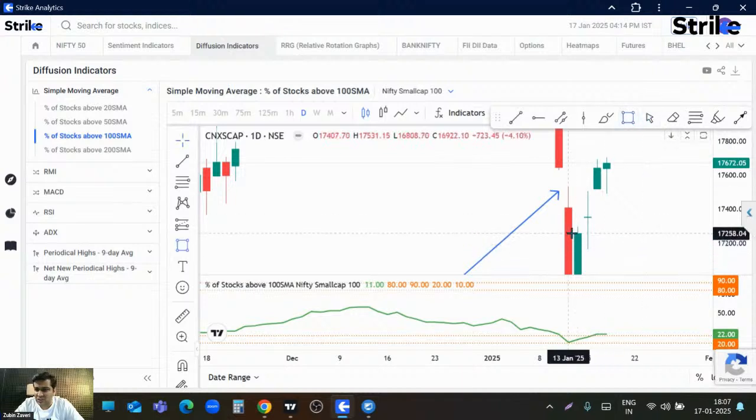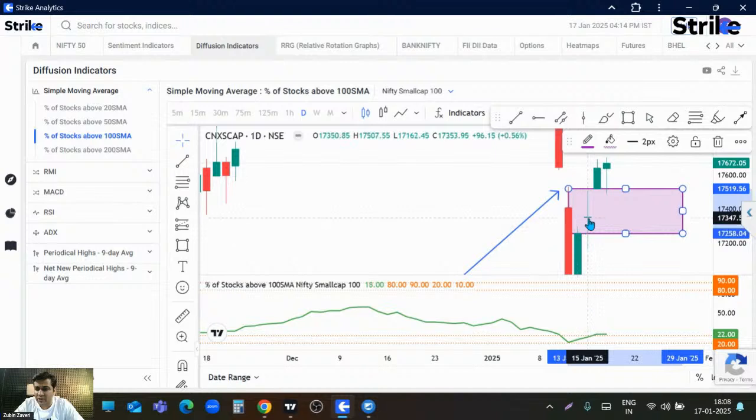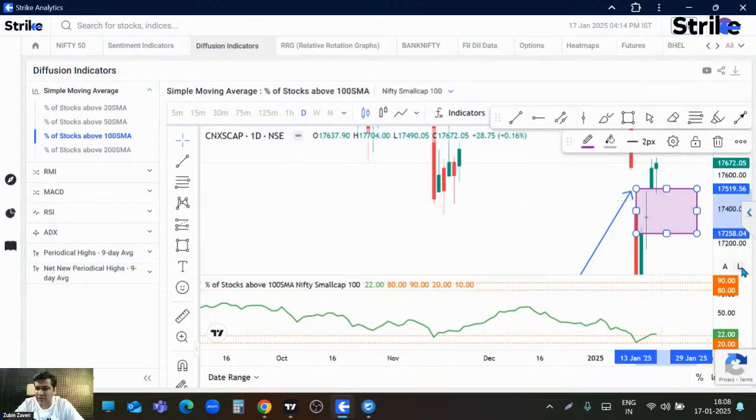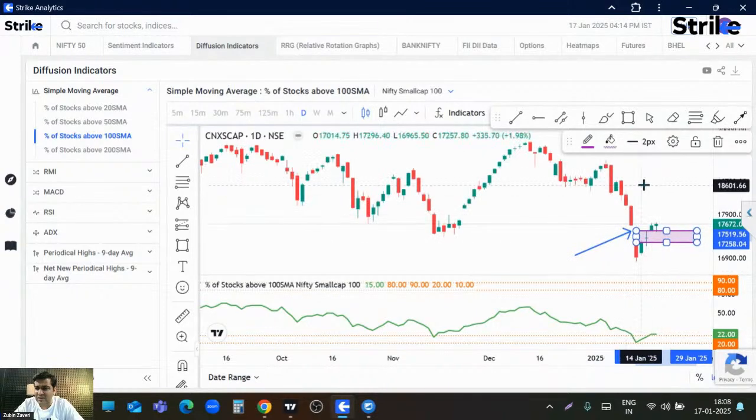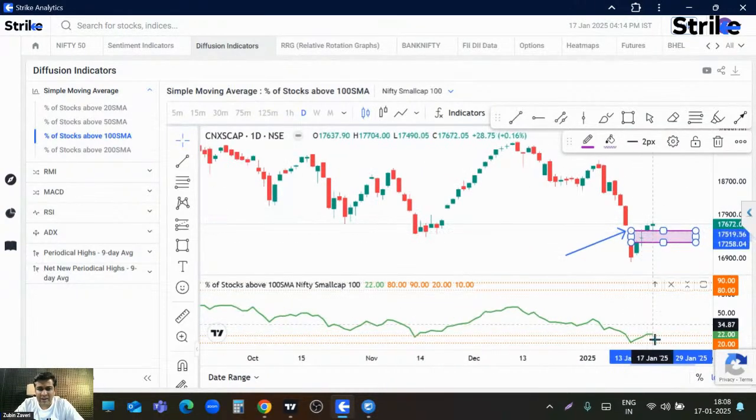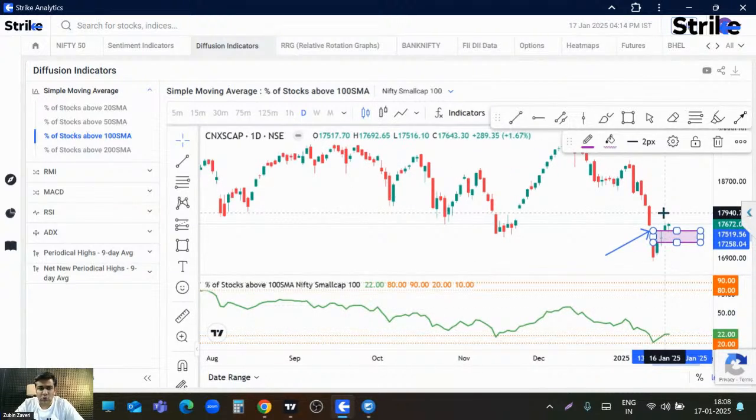Now there is again one strong gap up opening over here, a small gap, and another gap over here. So for the small cap index, this rectangle over here will act like a support level, and you can see this percentage of stocks above 100 SMA. This particular indicator is trying to bounce back from the oversold territory. So yes, we have a hope from the small cap index that maybe it can give a bounce back up.